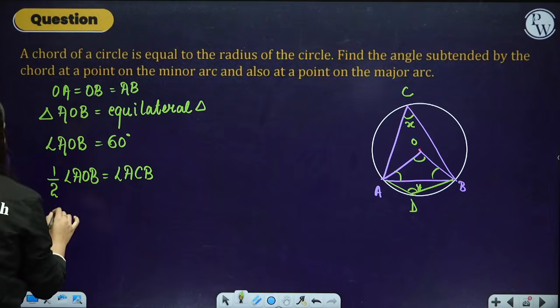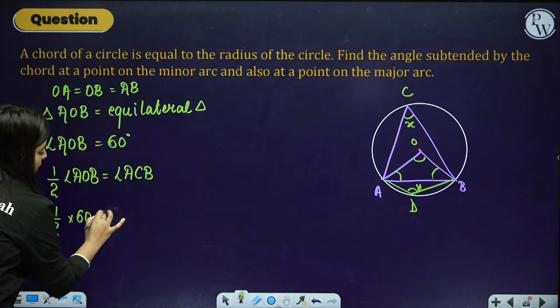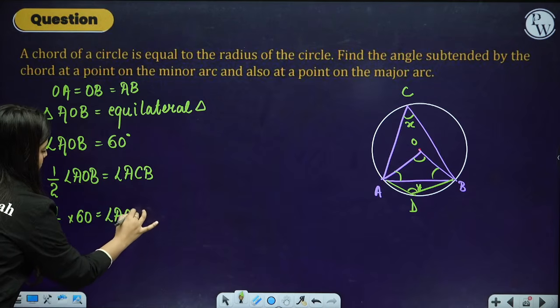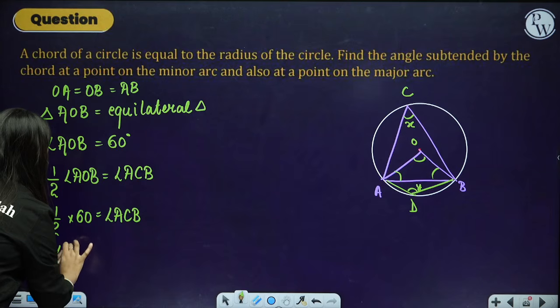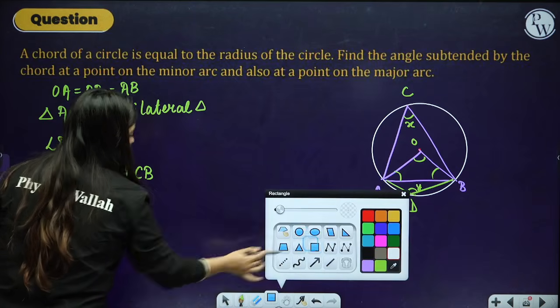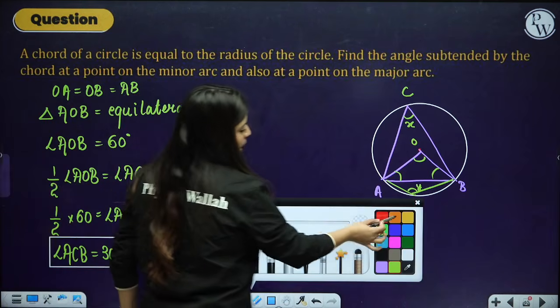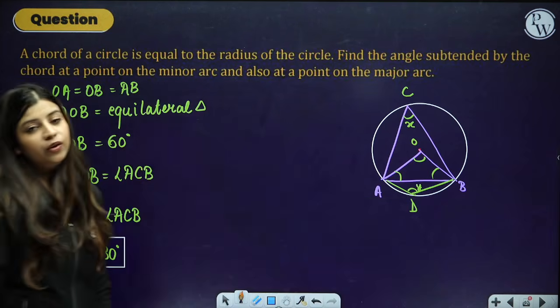Right? So half of 60 degrees is equivalent to angle ACB. So angle ACB will be equal to 30 degrees.